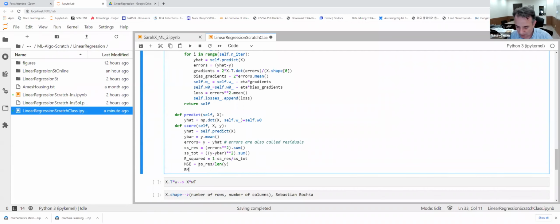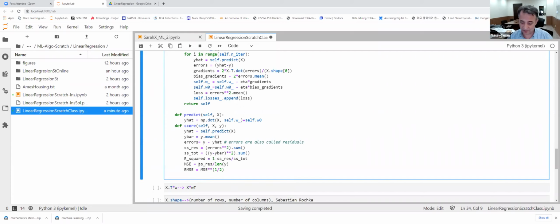And then root mean squared error is nothing but the square root of MSE. You can do this to the power of 1 over 2. Okay, you're almost there, guys. Now return RMSE and R squared.